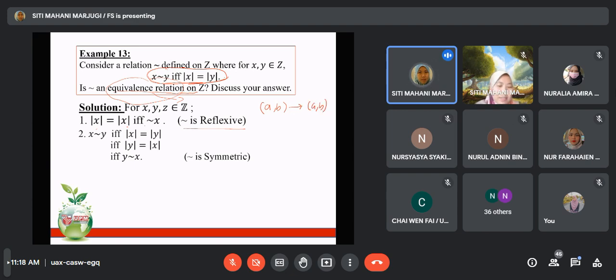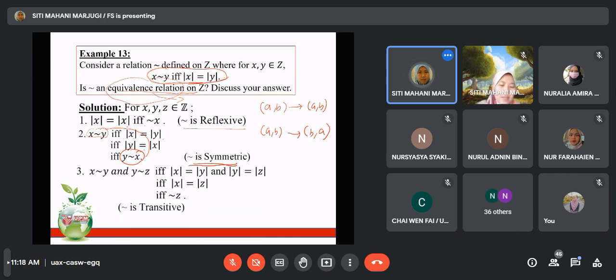This is reflexive. Okay, to show this is symmetric, which is AB must give BA. Okay, so you just put X tilde Y if norm X equals norm Y, or we can say norm Y equals norm X. Just change the position, XY to YX. So we can say this is symmetric.